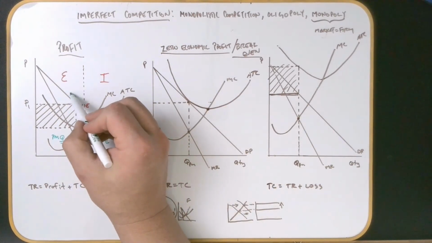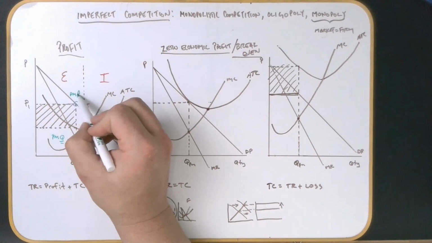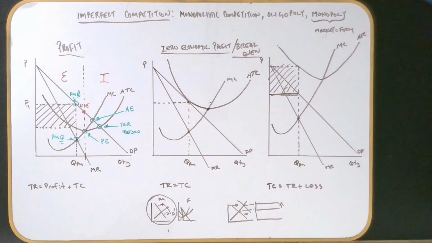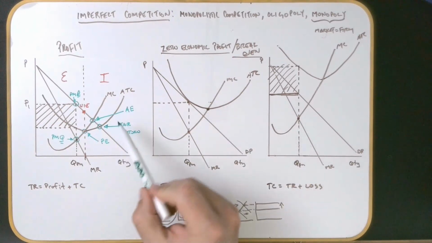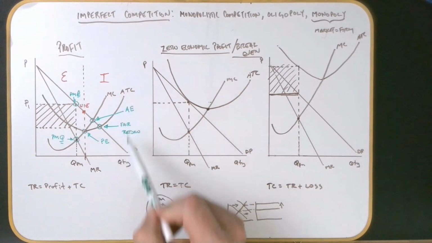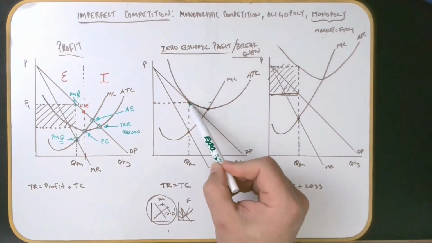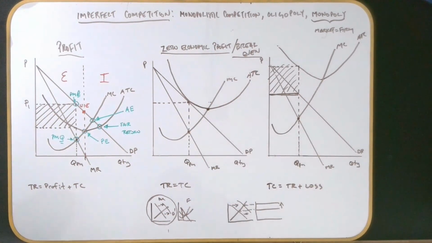And I'm going to say profit maximization price is right here. Okay, so there's our key points of intersection. And over here, I wanted to point out, if fair return is where costs equal your price, over here our costs equal our price at that spot, which again is why it's called the break-even graph. Okay, so just a quick review of your imperfect competition graphs.